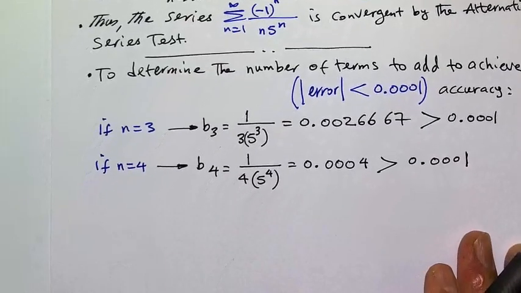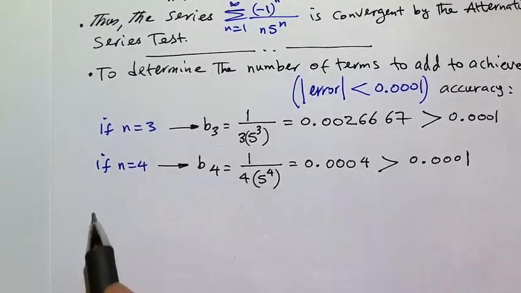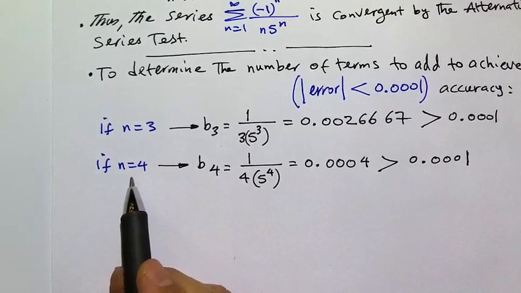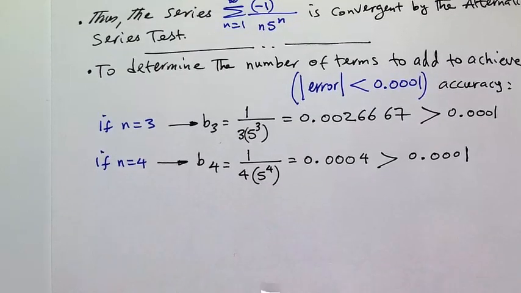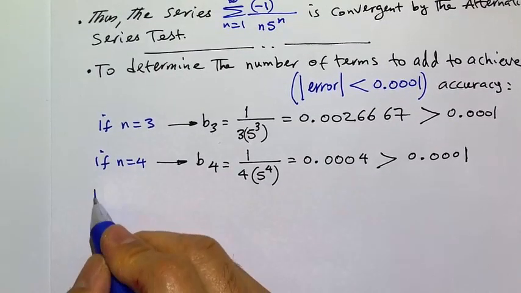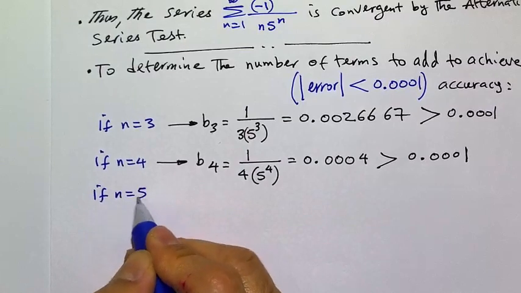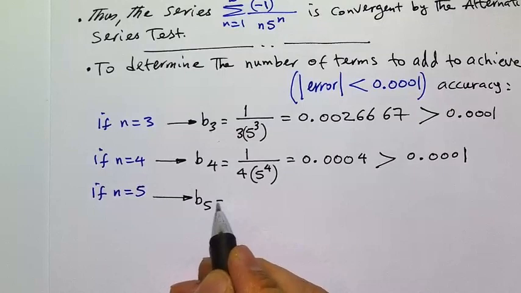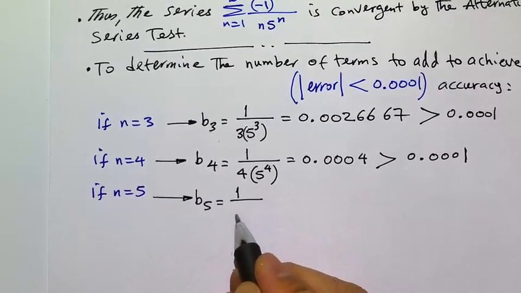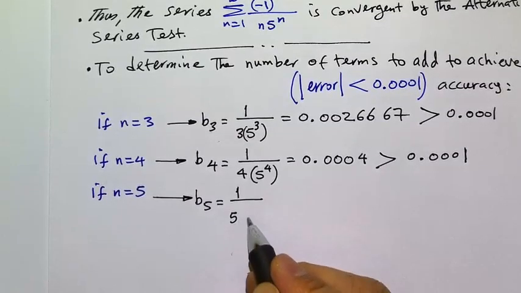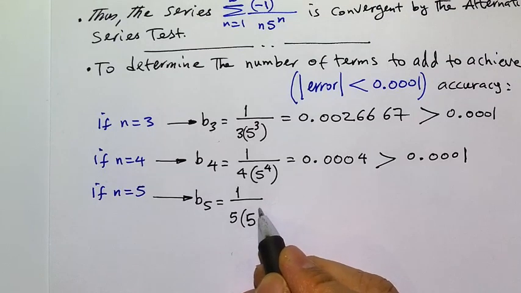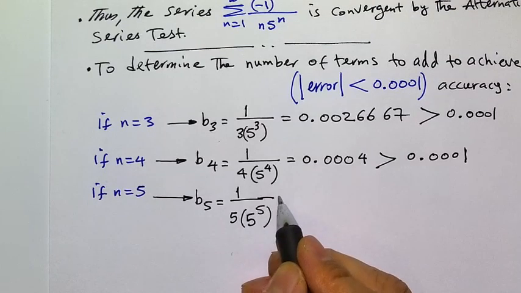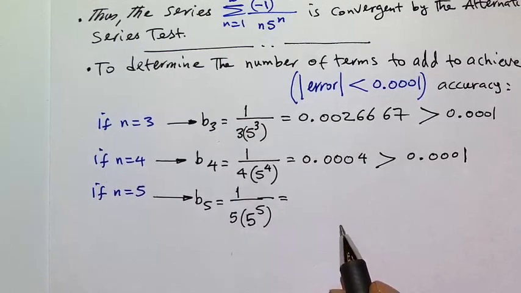Let's find what happens for n equals 5. Okay, so if n equals 5, then we have 1 over 5 times 5 to the 5th power, all 5s, right?